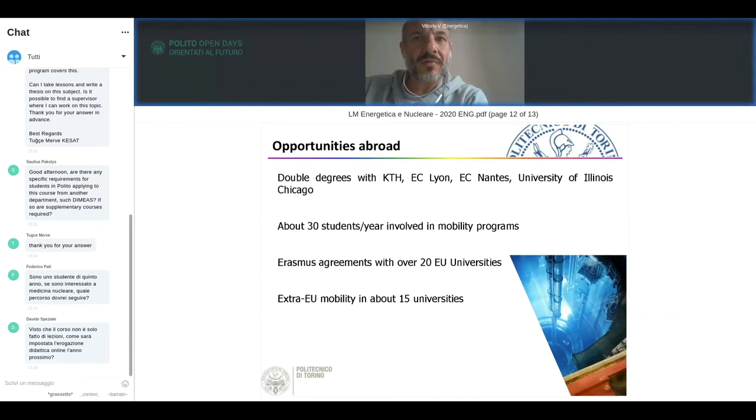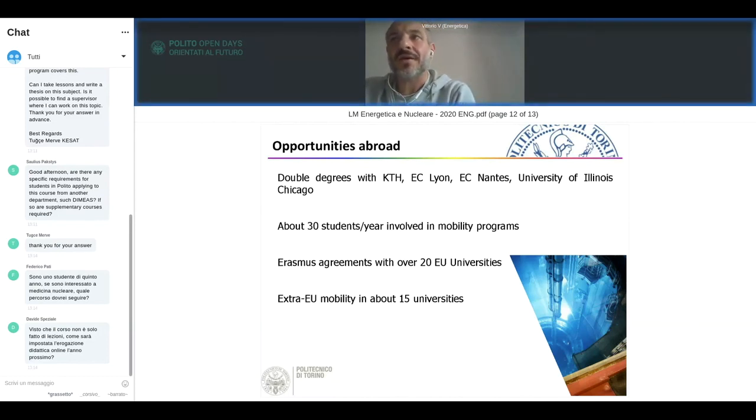Concerning the other questions: I'm a student from the 5th year. I'm interested in nuclear medicine. There are, of course, options if you are interested in nuclear medicine, but I understand 5th year of the secondary school. So in that case, you should first apply to the first level, which is energy engineering, and then apply to the nuclear path.